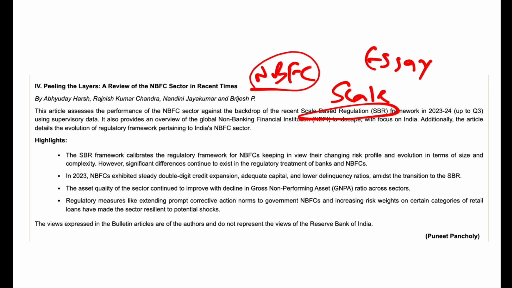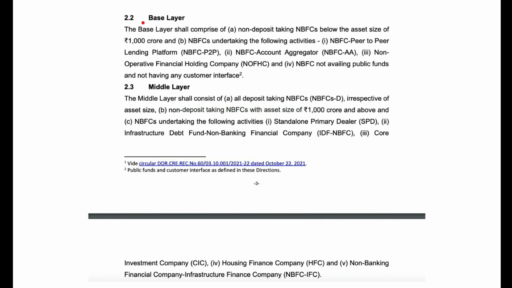Scale-based regulation simply means that the NBFCs were divided into multiple parts. Okay. So which are those? Base layer NBFCs. In the base layer, you have the non-deposit taking NBFCs, which are below the asset size of 1000 crore. Then NBFCs undertaking the following activity: peer-to-peer, account aggregator, then all of these.